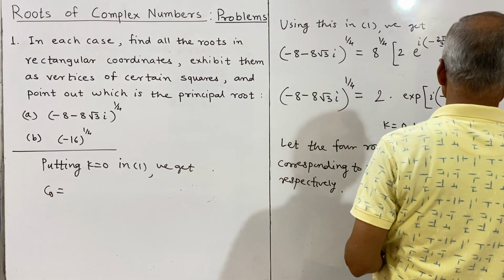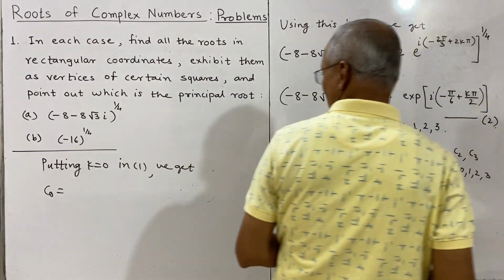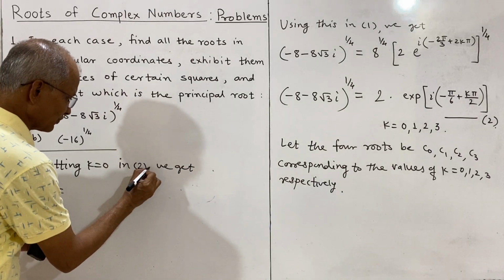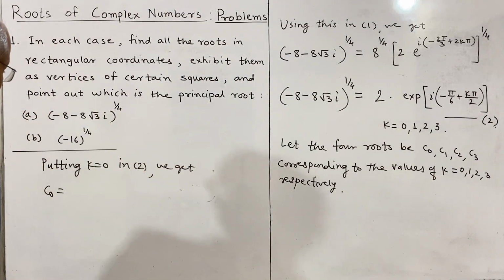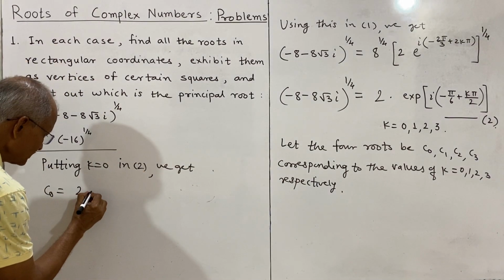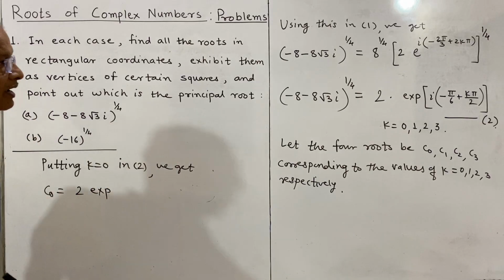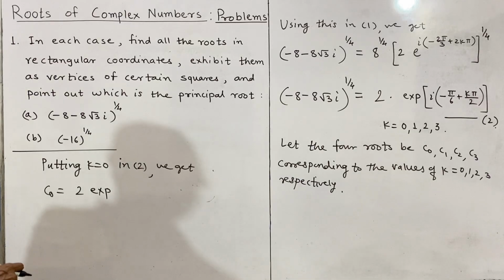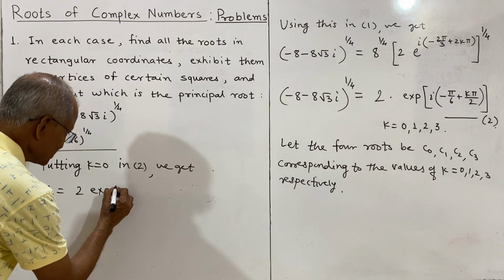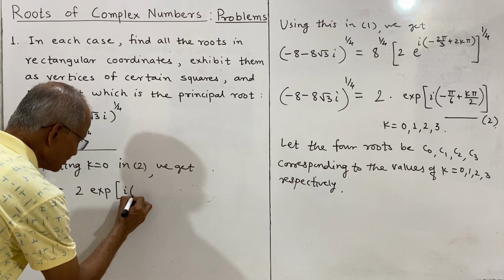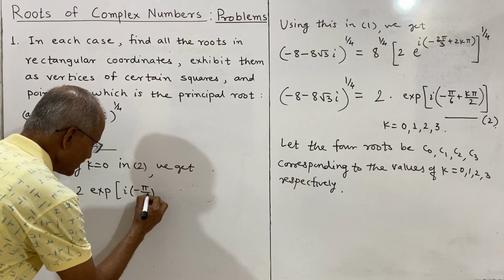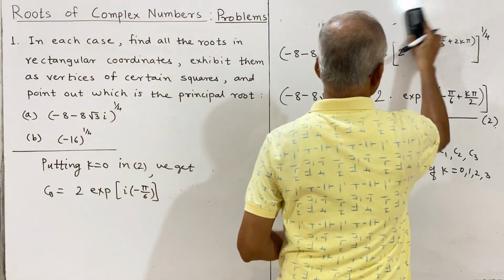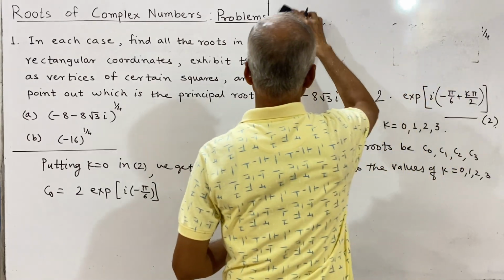So we shall suppose this as 2, and put k equal to 0 in 2, we get C0 is 2 exponential of, k is 0, so this is i into minus pi by 6, exponential i into minus pi by 6, and that value is e power i minus pi by 6.